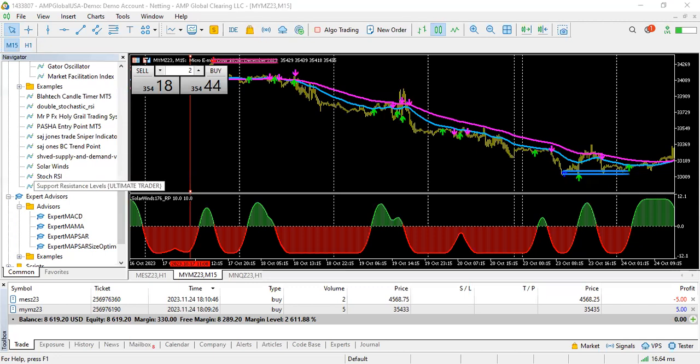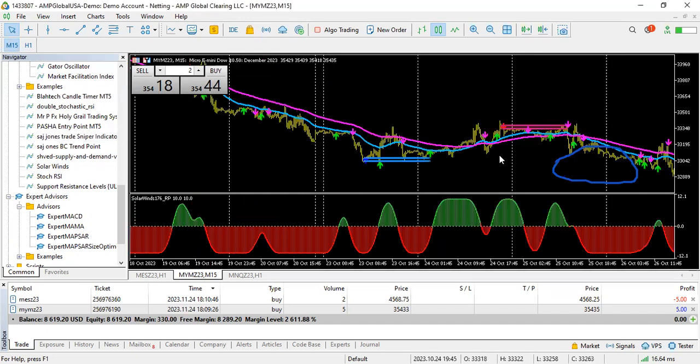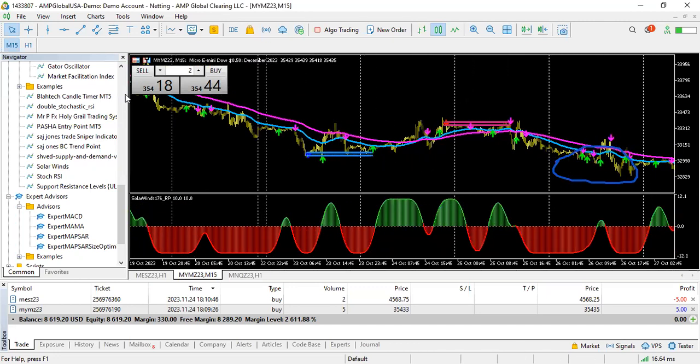Then the market creates a support. Boom, you got a support here. Okay, the market could be changing directions, right? A 15-minute gave me a support.